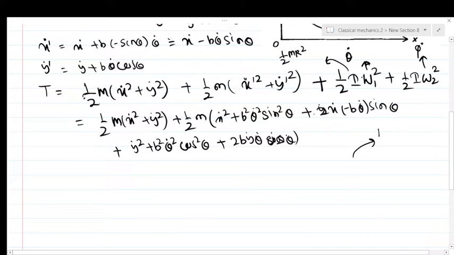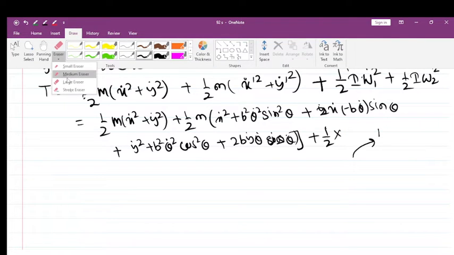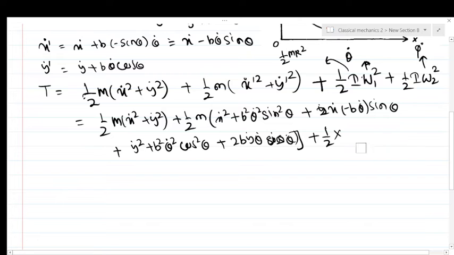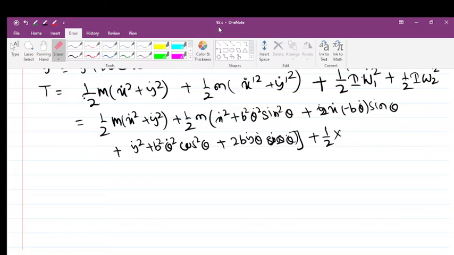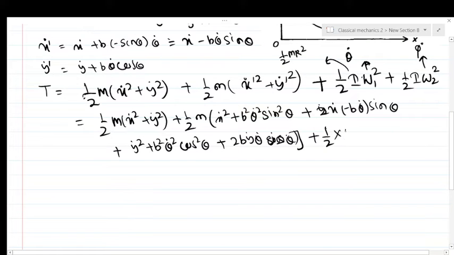Simplify by your own. Then put the values of the moments of inertia and write the terms.